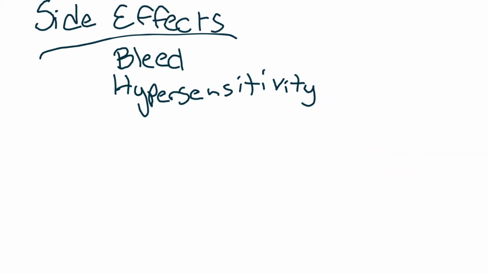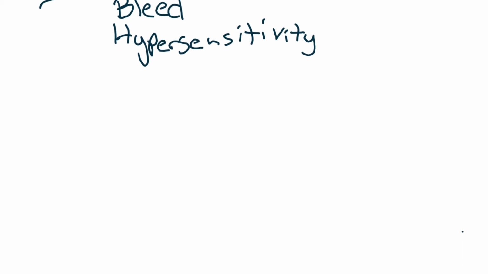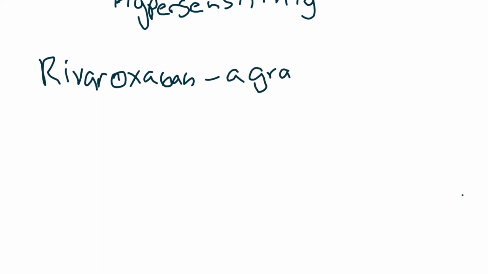The side effects that I want you to be familiar with for all DOACs are bleeding and hypersensitivity. Some special tidbits to know is that rivaroxaban can cause agranulocytosis and can also cause Stevens-Johnson syndrome.